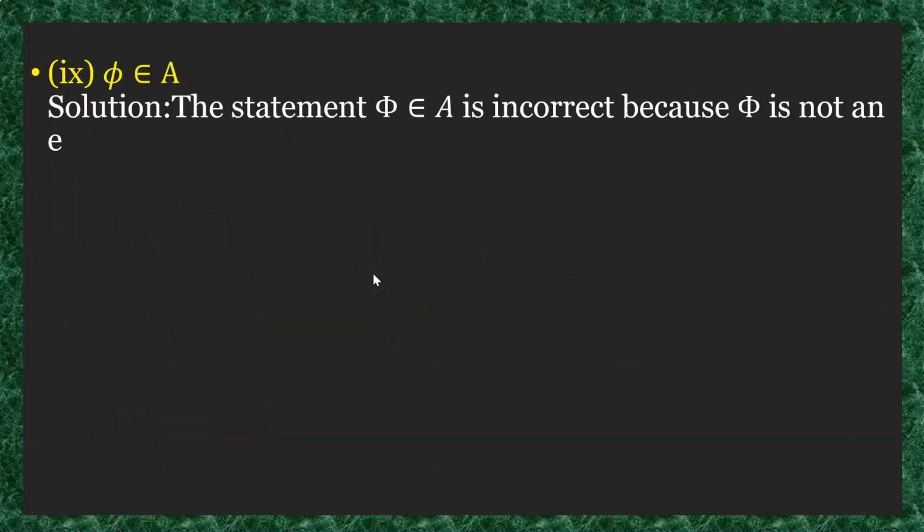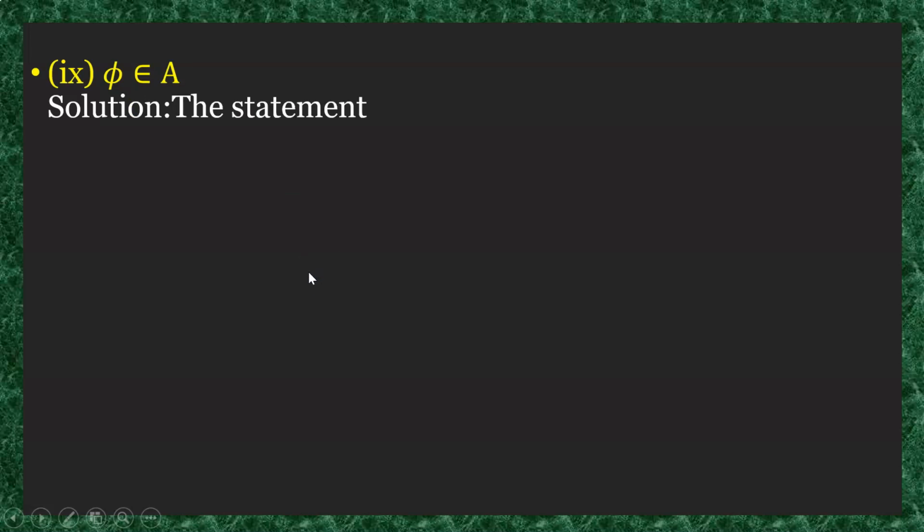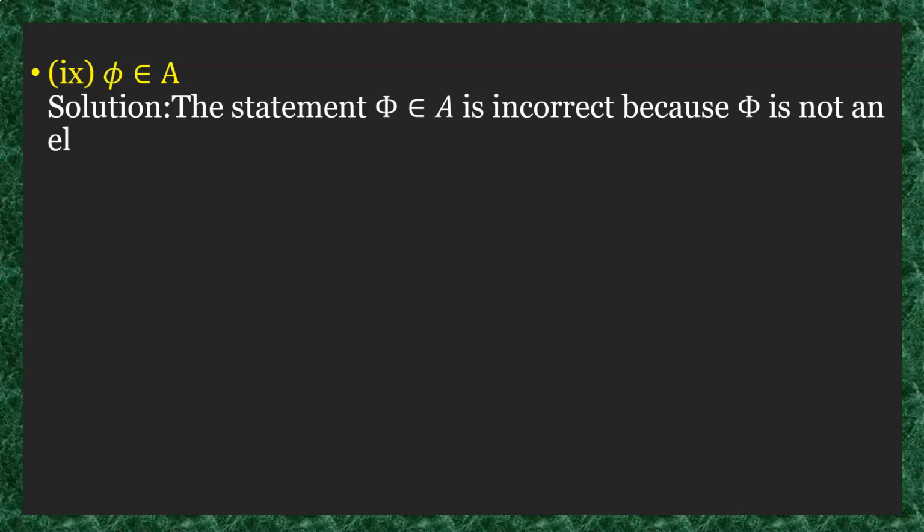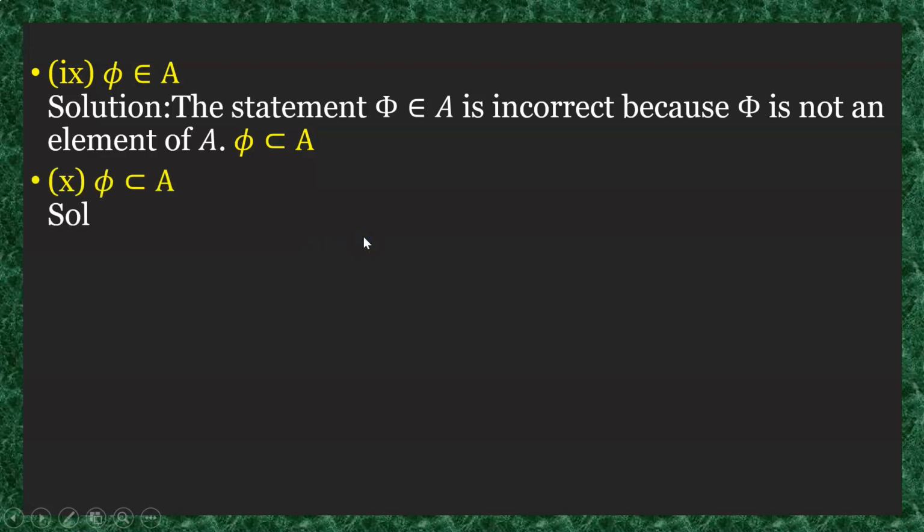Now the next is {5} belongs to A. The statement is again {5} belongs to A. It's incorrect because {5} is not an element of A. Phi is a subset of A. Phi is a subset of A? Yes.